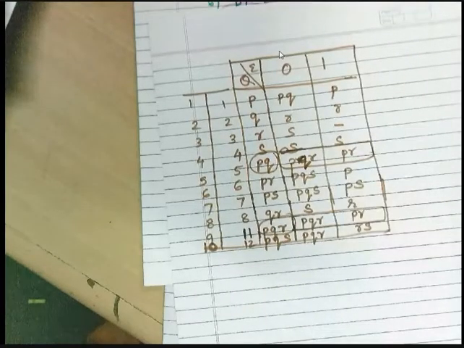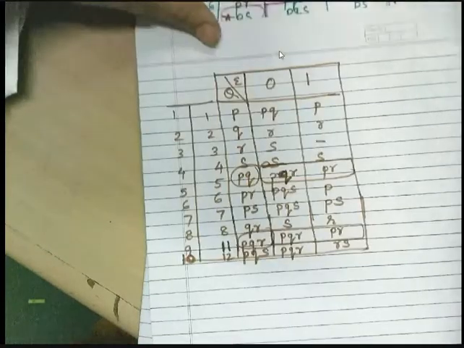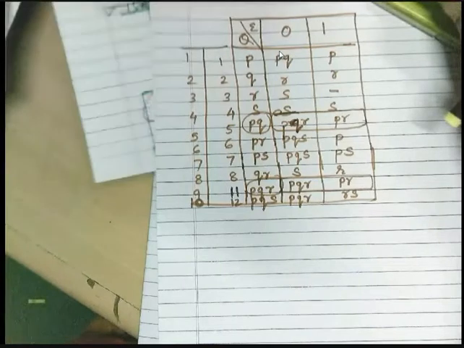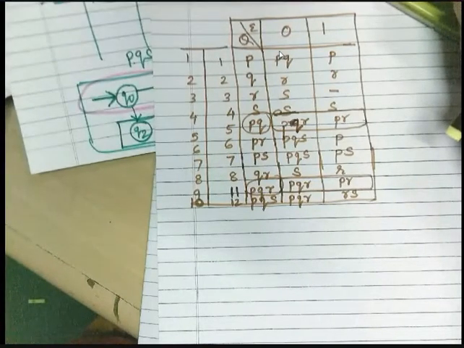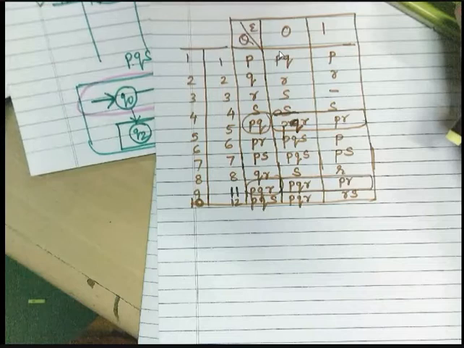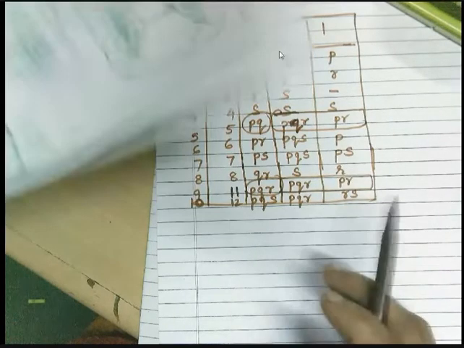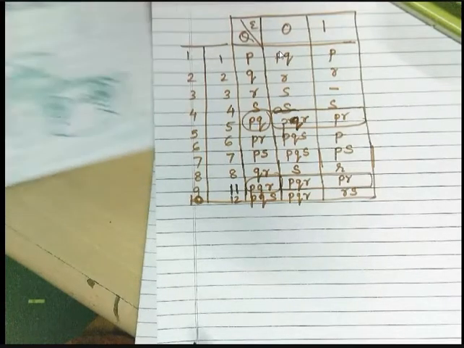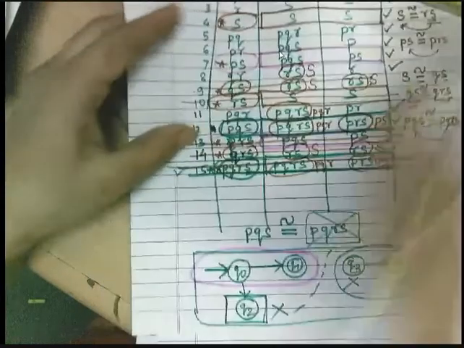Yes. So lastly, we have written that PQS is equivalent to PQRS. Yes. Then you have written in the table PQR. Yes. So means 11 number there should be PQS now. 11 number, see here, 11 number is PQR.